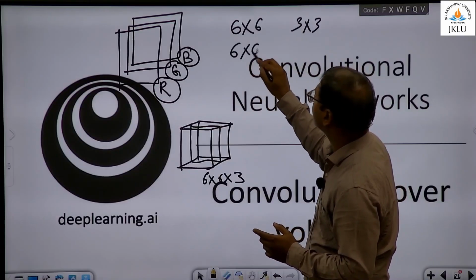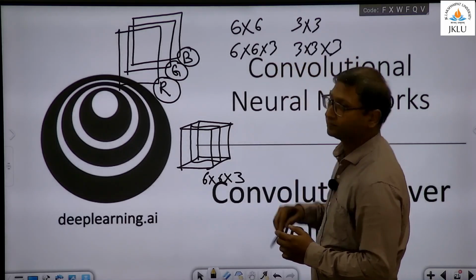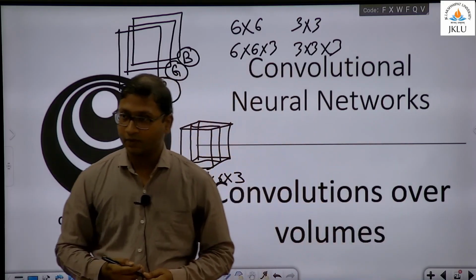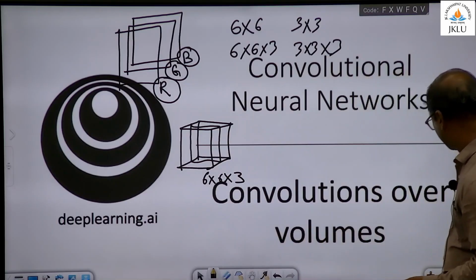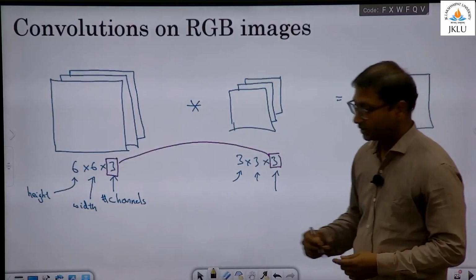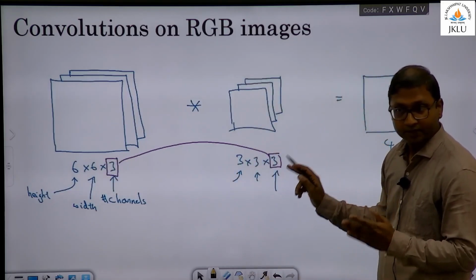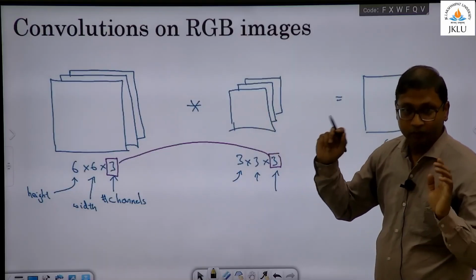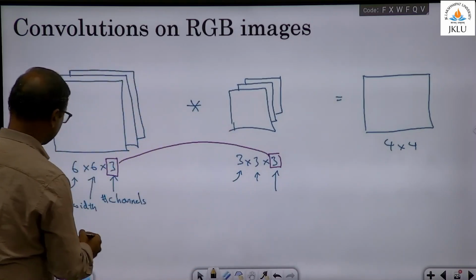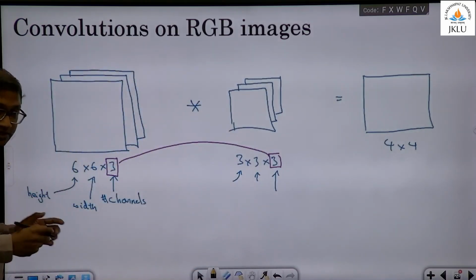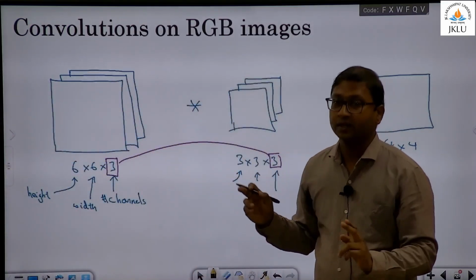Now I have 6 cross 6 cross 3, filter should be 3 cross 3 cross 3. So let's just do it. This is what you have: 6 cross 6 cross 3, 3 cross 3 cross 3. Earlier when I had a 6 cross 6 size image, filter size was 3 cross 3.